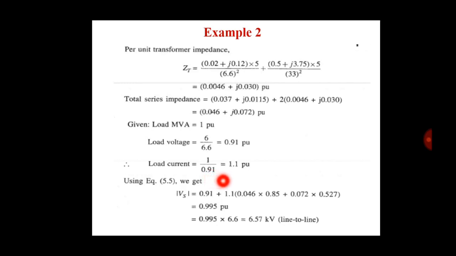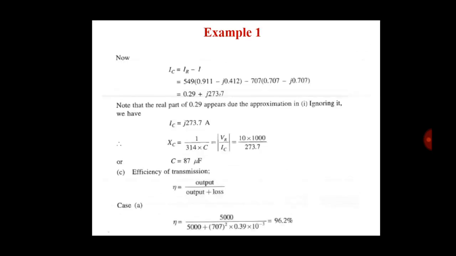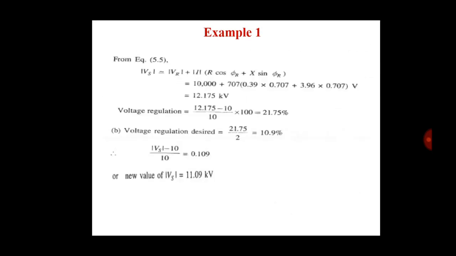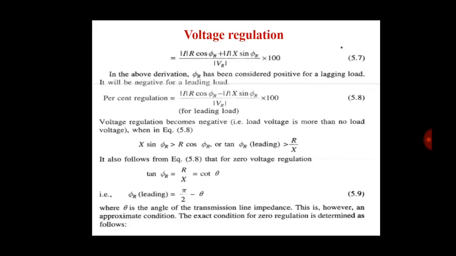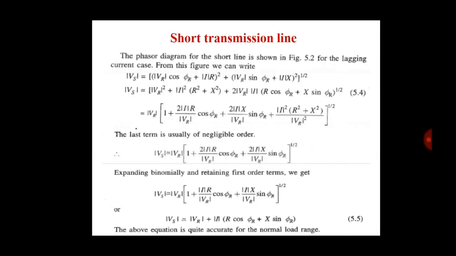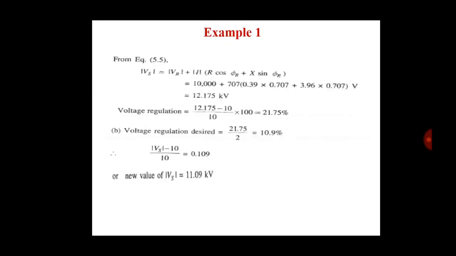So here is the value of Vs equation, equation number 5.5. Equation 5.5 means Vs is equal to Vr plus I into R cos phi r plus X sin phi r. So write the equation and put the value.